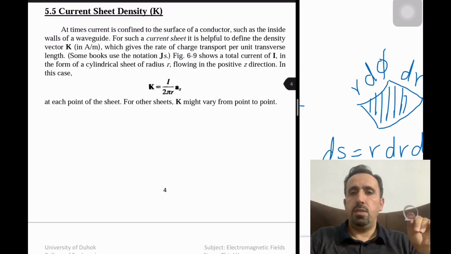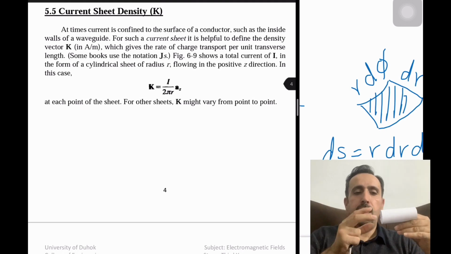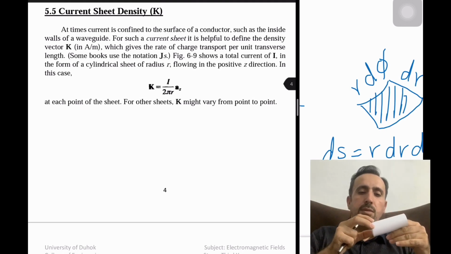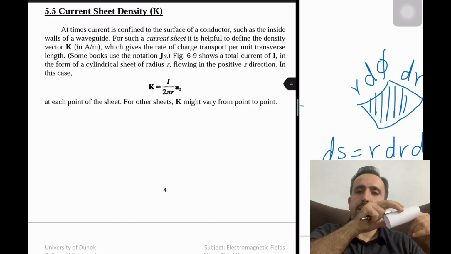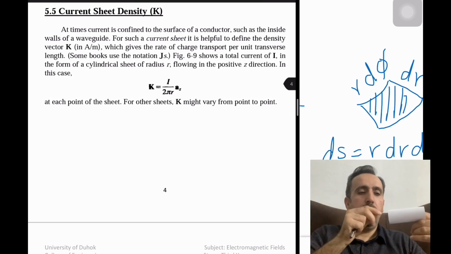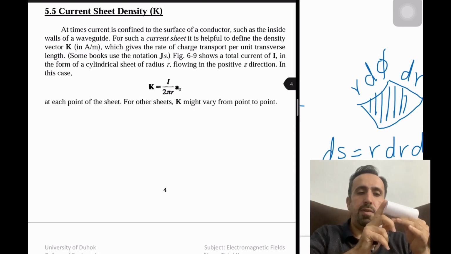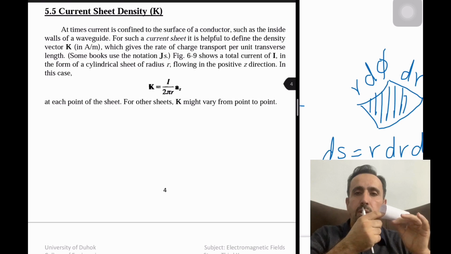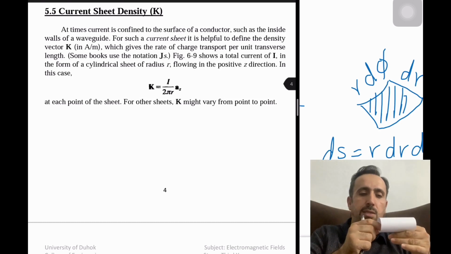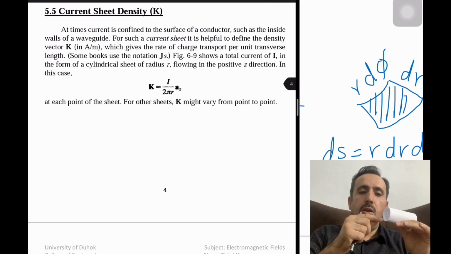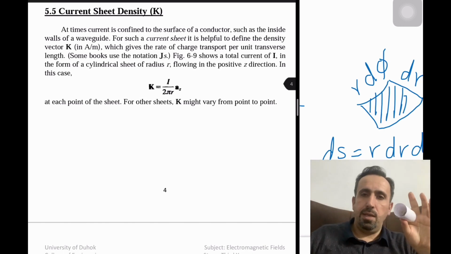If you have such a case, a hollow cylinder, and you have a certain current flowing through this cylinder on its surface, you don't have any conductor material inside, so your current will not be divided all over this area because it is hollow, but instead it will be divided all over the circumference of this cylinder.